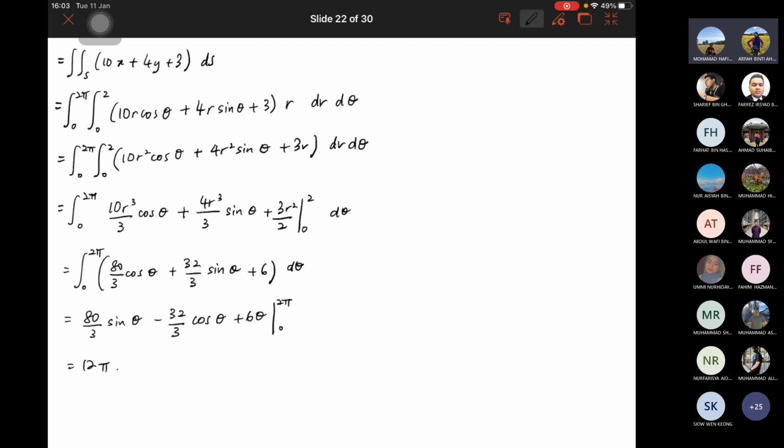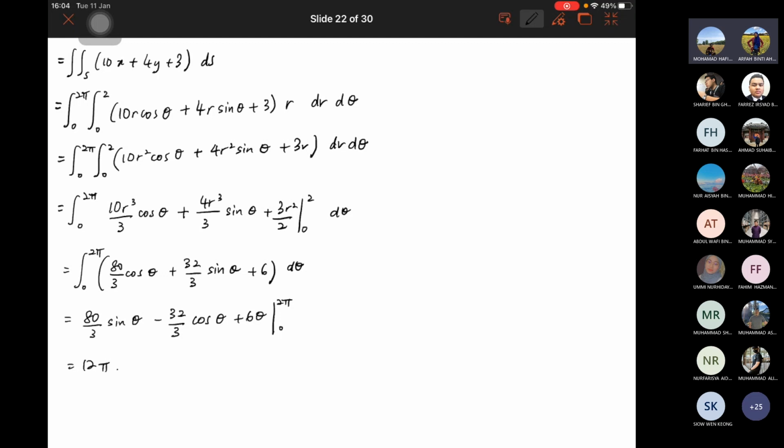Dapat jawapan sama tak? Cos 2 pi 1, betul? Cos kosong pun 1. So 1 tolak 1 kosong. Okay. And then sin 2 pi is kosong.